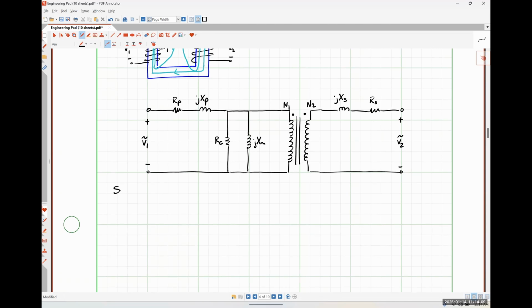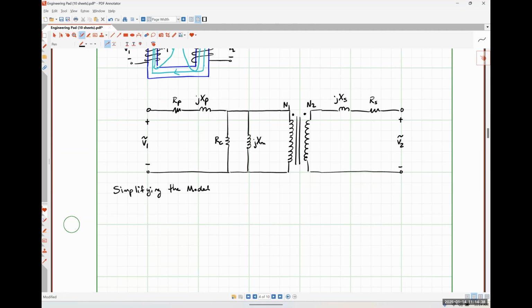So this is a kind of big and ugly thing, right? There's a lot of stuff going on here, in as much as we've got some elements connected in series, some connected in parallel, some are on the primary side of the transformer, some are on the secondary side of the transformer.